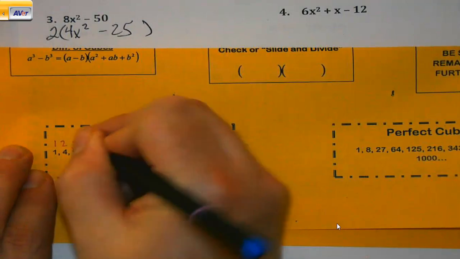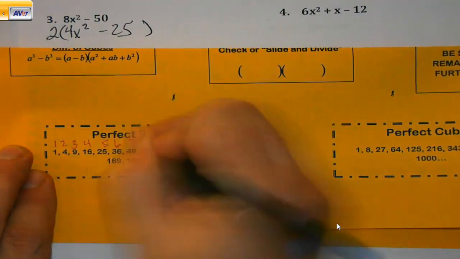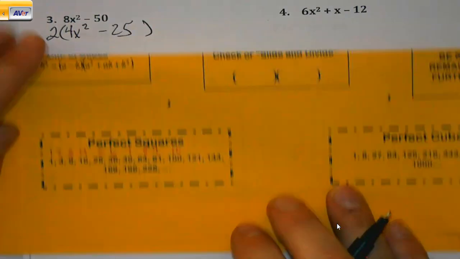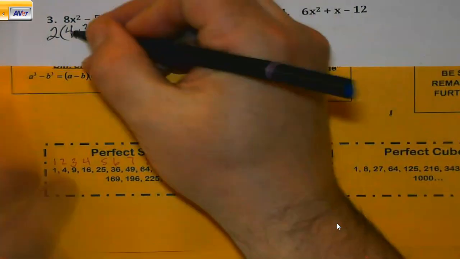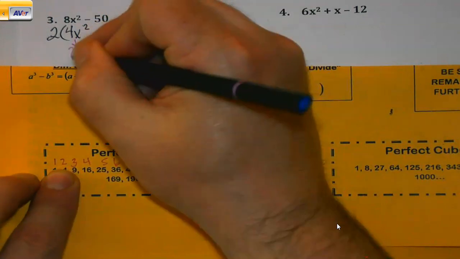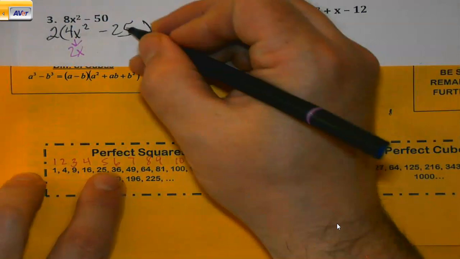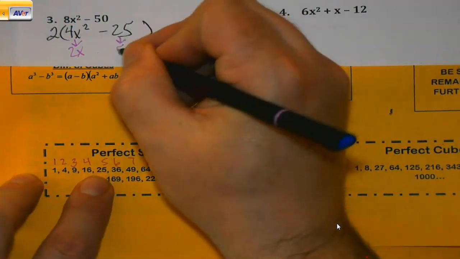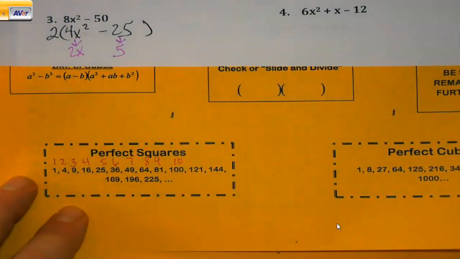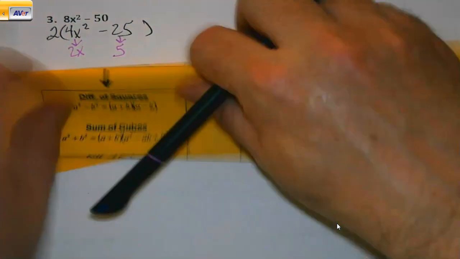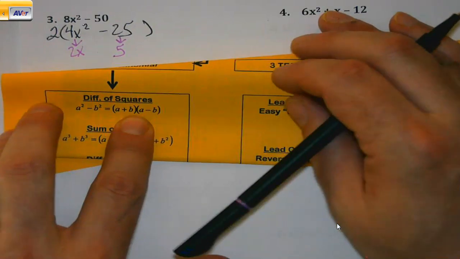Hopefully you remember from when we did this before, if I need a little reminder, that we said, okay, to get 4 I need 2, can't forget my x, and 25 would be 5. Just the numbers. Signs I'm not worried about because this is going to tell me what signs to use.